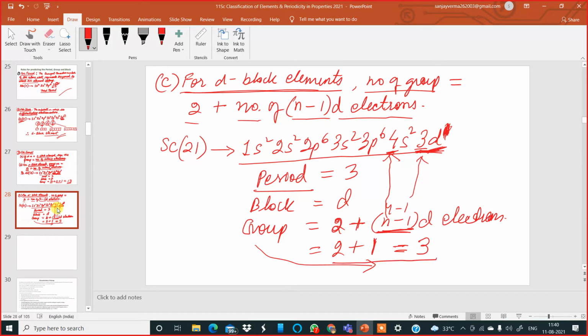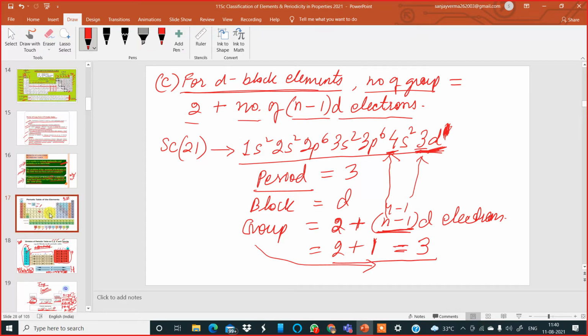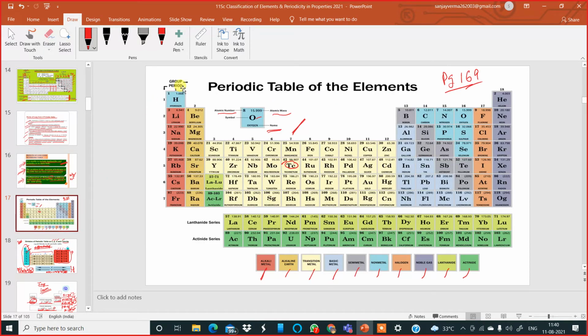Now you check in the periodic table, yesterday's periodic table. This is group 1, group 2, scandium. Look at this scandium. Is it group 3?